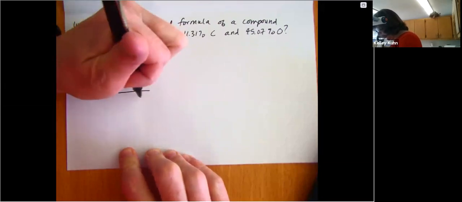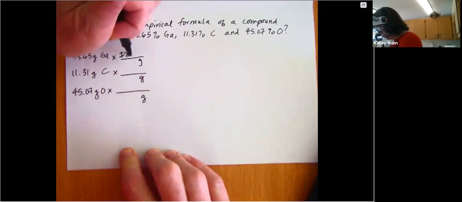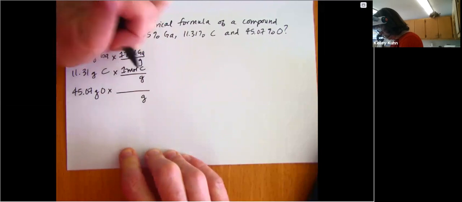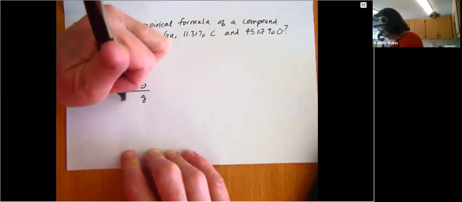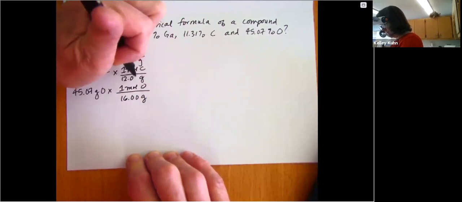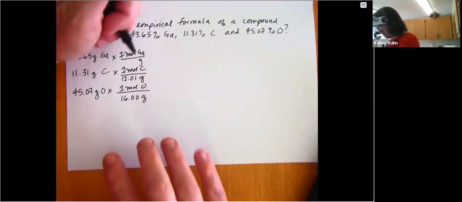Since we're starting with grams, those will go on bottom. We're converting to moles, so that will go on top. And then we just need to put the molar masses on bottom. For oxygen, that's 16.00. For carbon, its atomic mass is 12.01. And for gallium, it's 69.72.